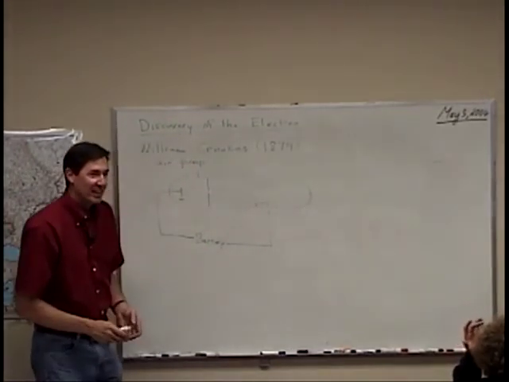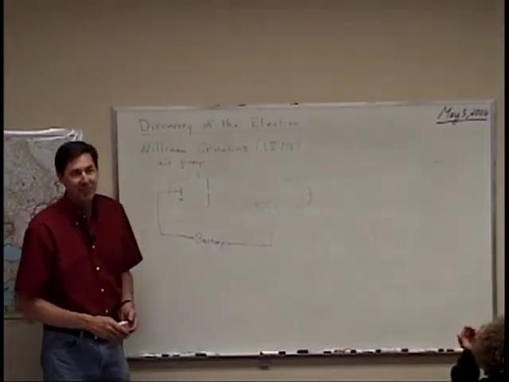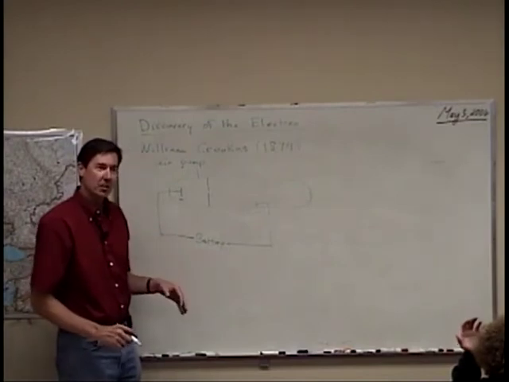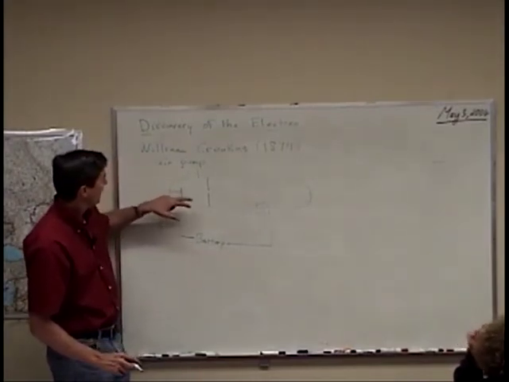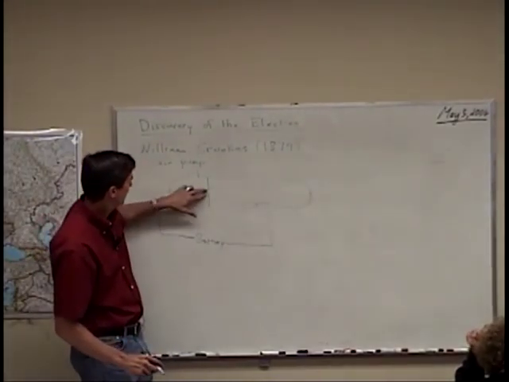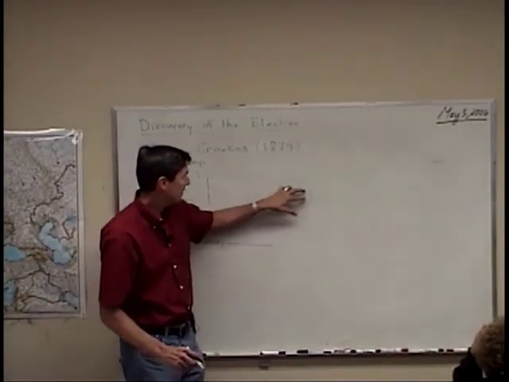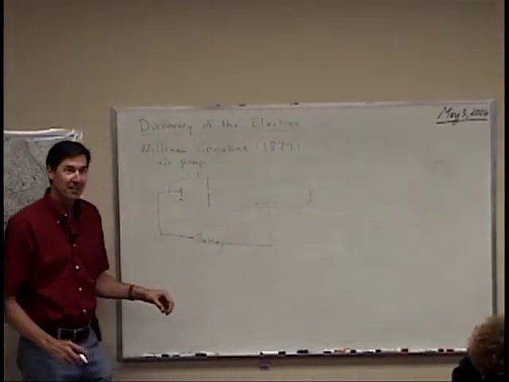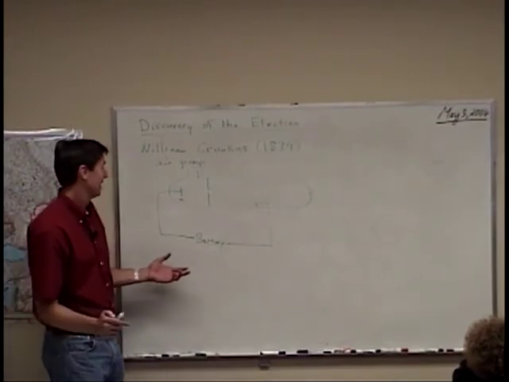Now what's going on? Well, one key is that the size of this bright spot depends on the size of this hole here. If you make the hole twice as big, the bright spot's twice as big. Okay, so that tells you something.